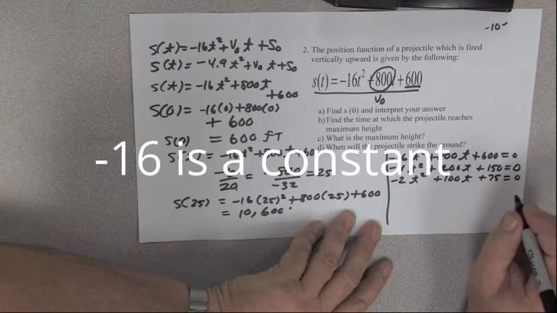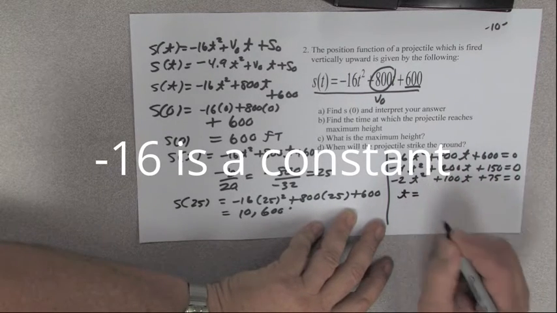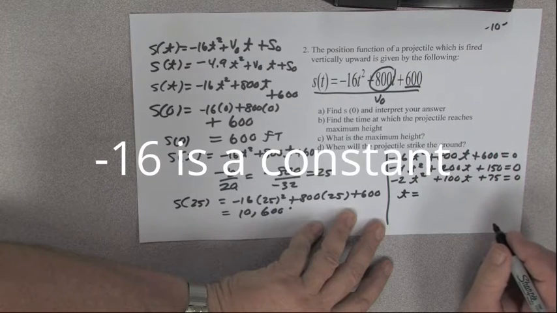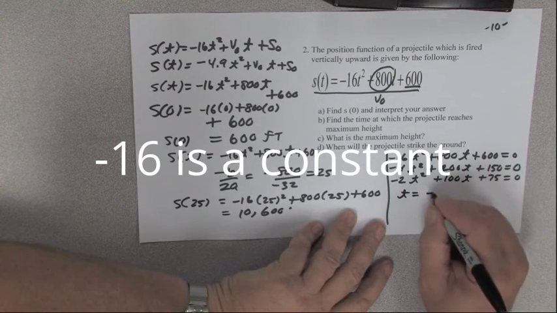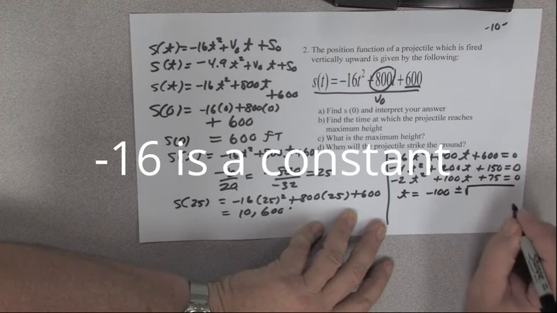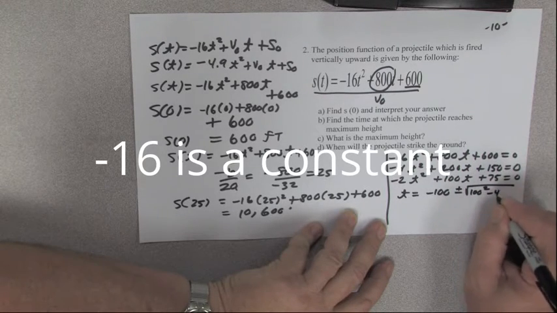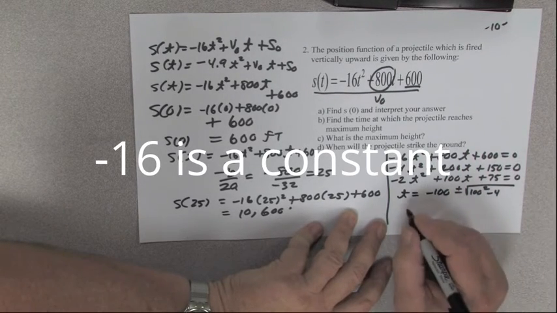Now we can use the quadratic formula to solve for t. So using the quadratic formula, we have t equals the opposite of b, negative 100, plus or minus the square root of b squared, which is 100 squared, minus 4 times a times c.